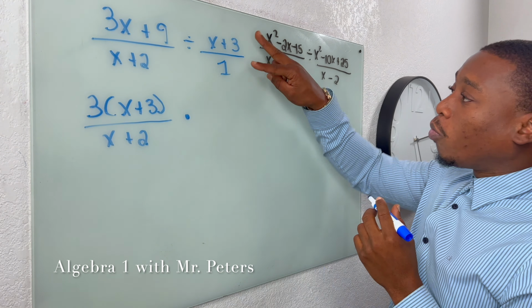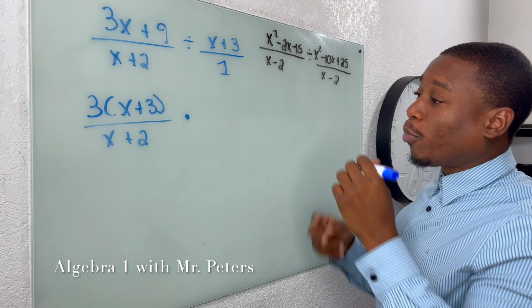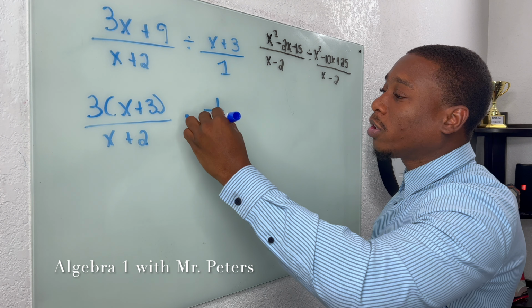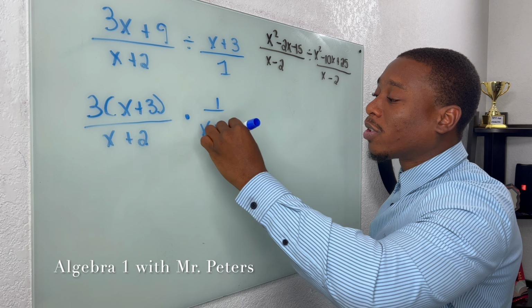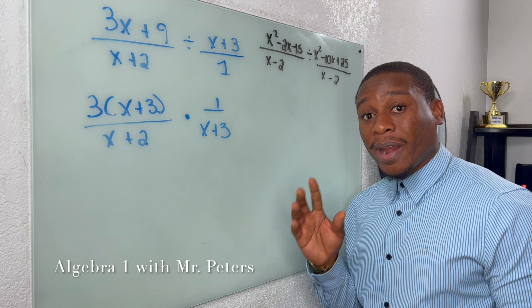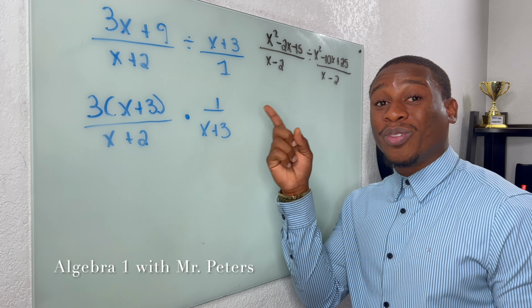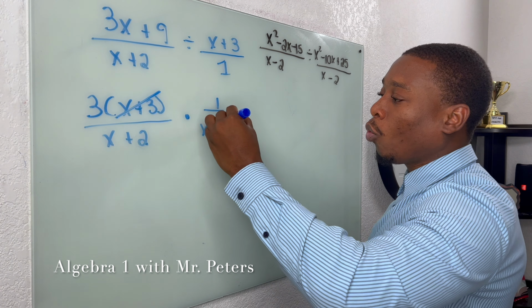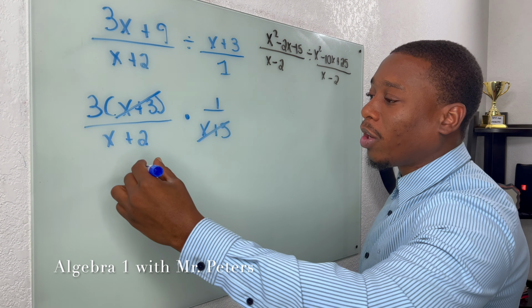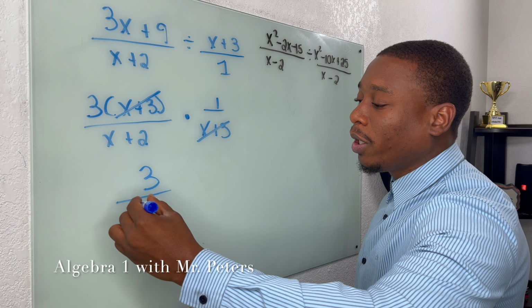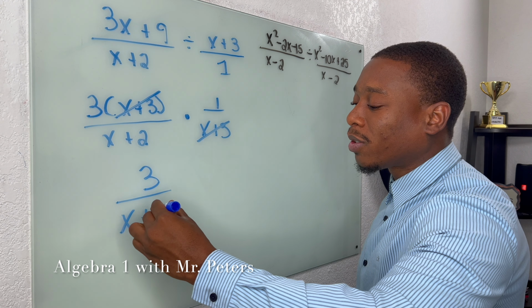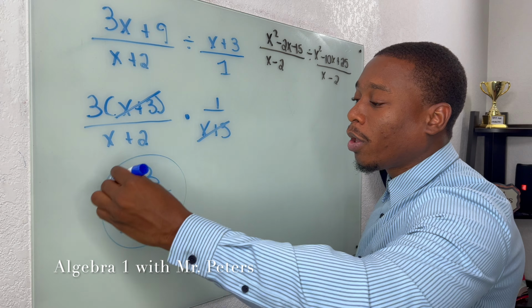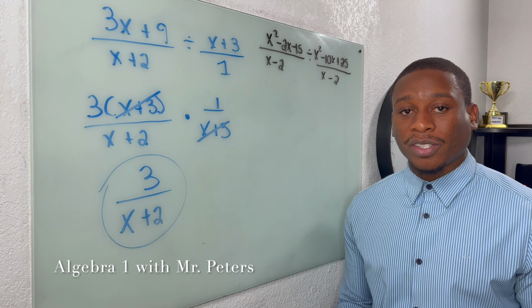So now when we flip the fraction or take the reciprocal, 1 is going to be on top and x plus 3 is on the bottom. This is a way not to get confused when they throw this trick in there for you, because they will. So now we cross cancel, and what I have left over is 3 divided by x plus 2. And that should be my final answer.